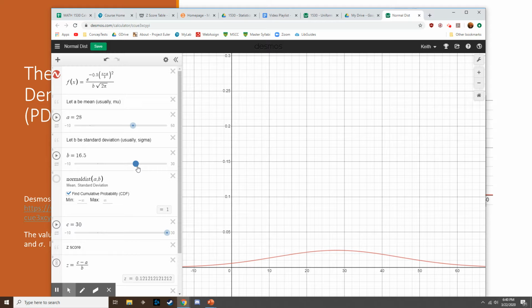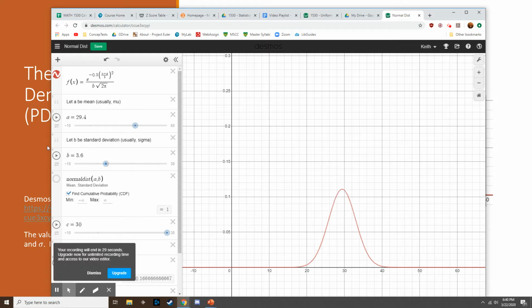And you should expect that, right? B is standard deviation. Variance talks about how dispersed it is from the data, from the center of the data. Higher standard deviation, more spread out. Lower standard deviation, less spread out. And the mean, of course, just shifts that up and down. And that's going to be how we make normal curves.